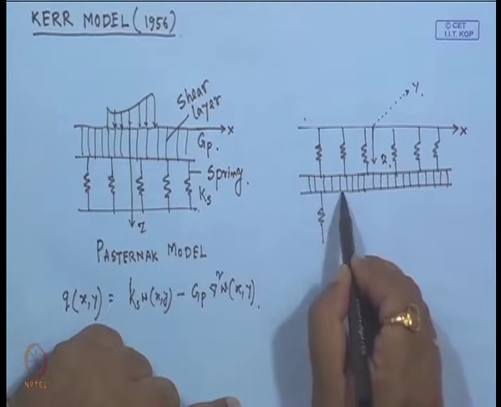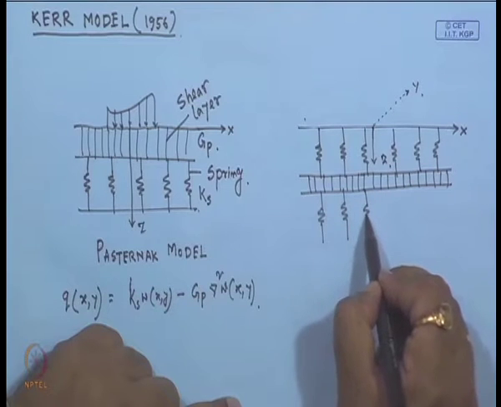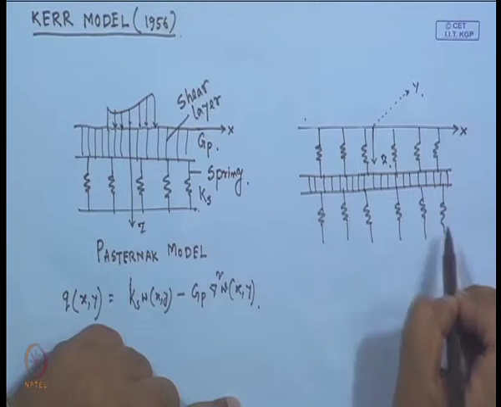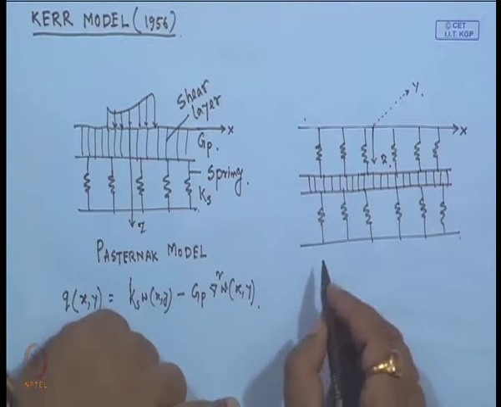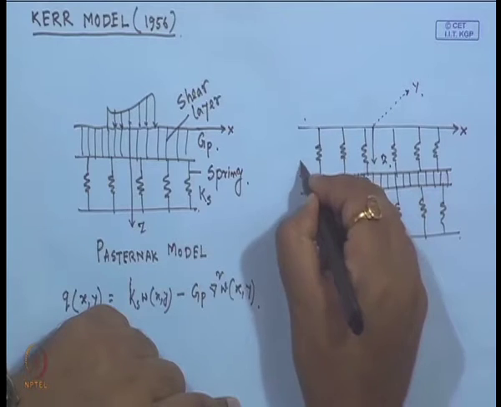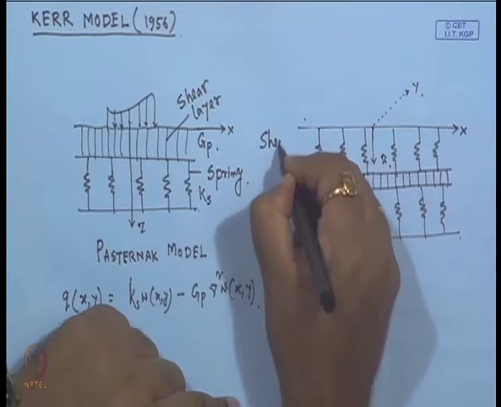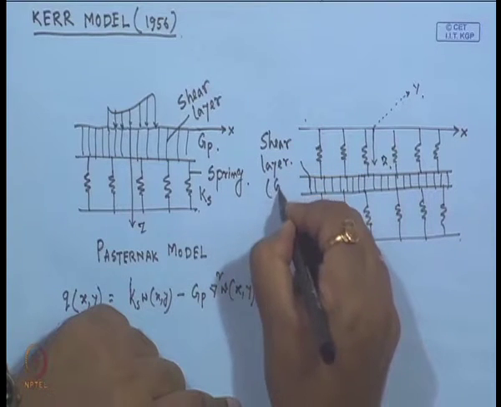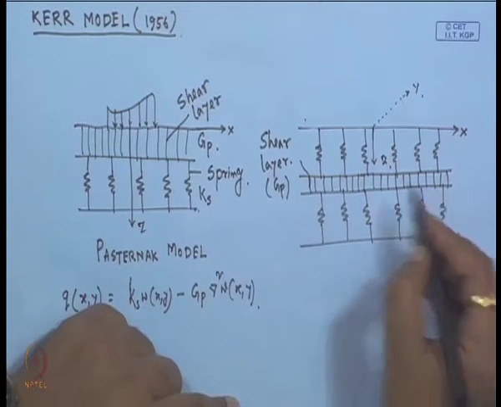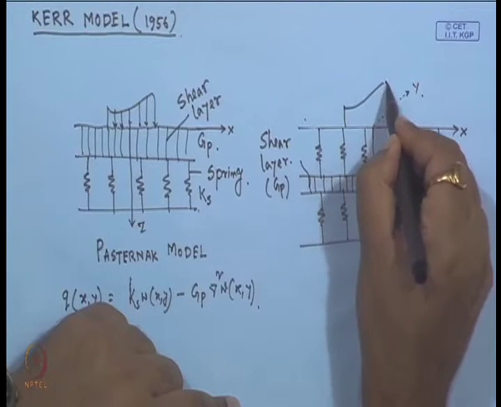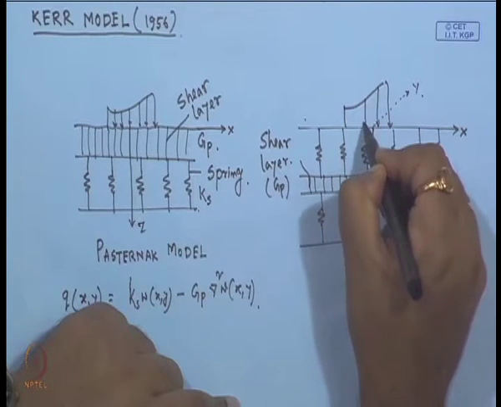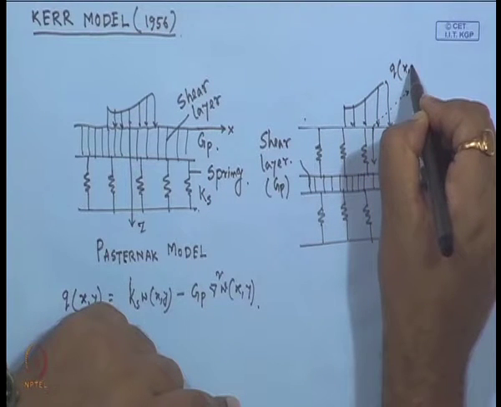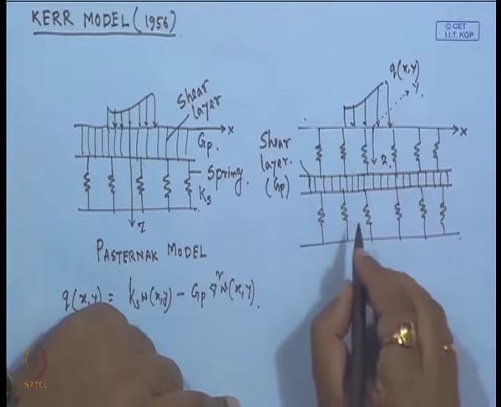Then springs are again placed to idealize the soil. So, this is the shear layer with shear modulus G p, and here again the load is applied as q(x,y), or a concentrated load can also be applied.